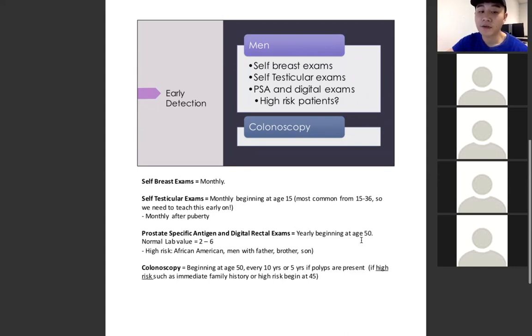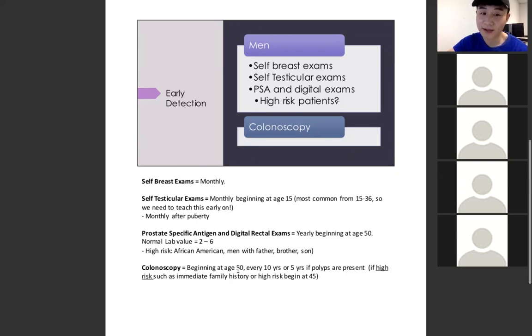Yearly beginning at age 50. Normal lab value is 2 to 6 for the PSA. High risk is African American men with a father, brother, or son who also may have issues with the prostate. Colonoscopy begins at age 50.